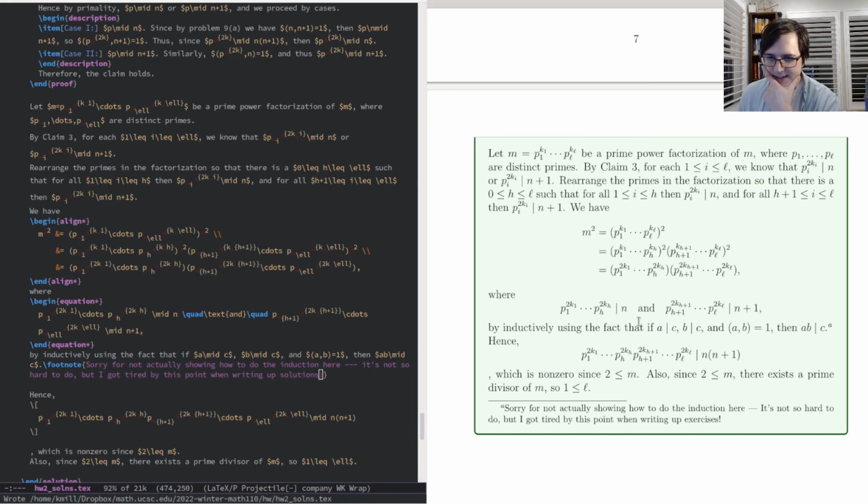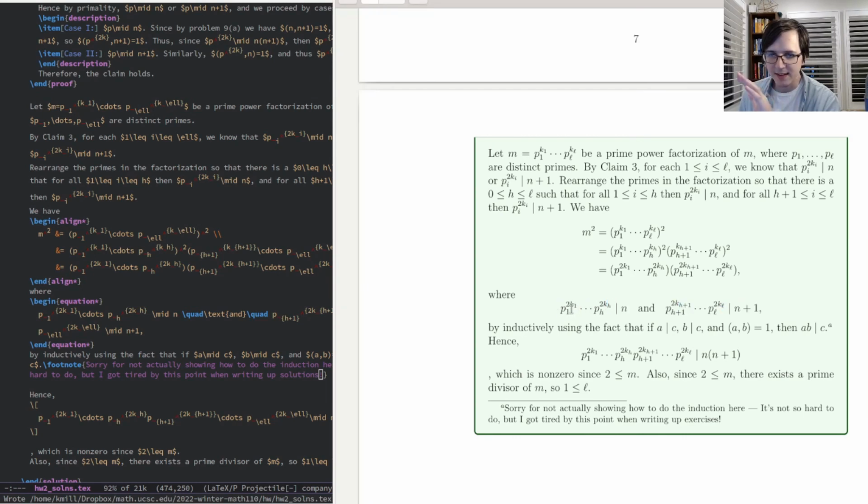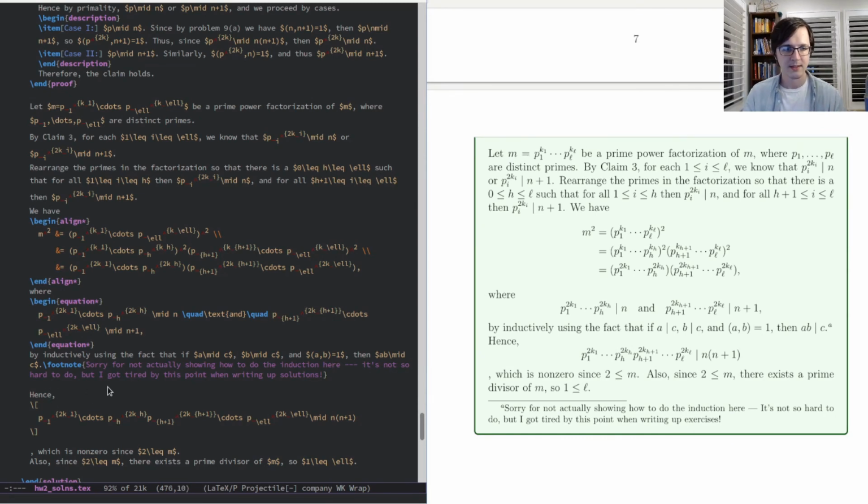Okay, let's try this again. We got some number, it doesn't matter what it is, that divides n. Some other number divides n plus 1. And if we multiply them together, we get this, just by multiplying. That's Problem 5. But we also already knew that because this is an equality.